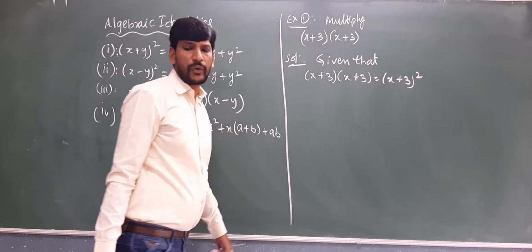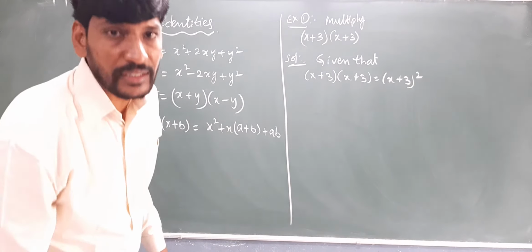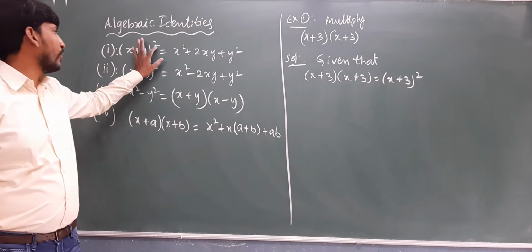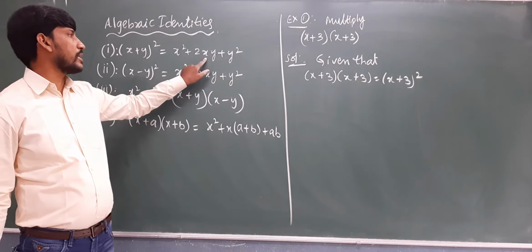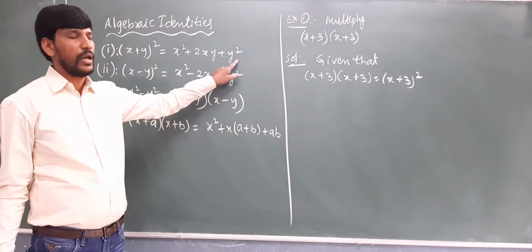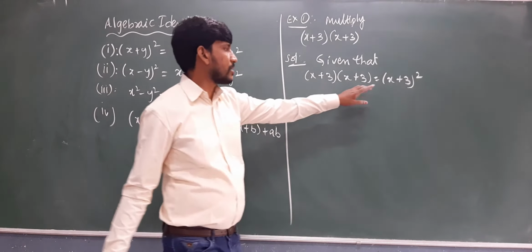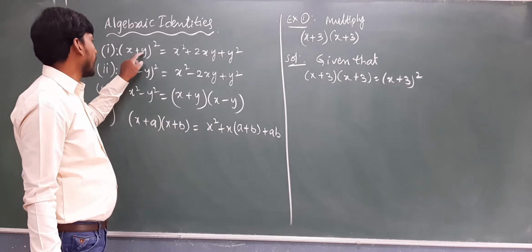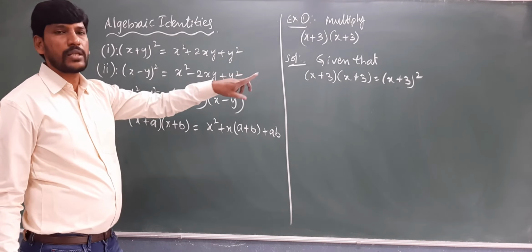Now which identity are we going to use here? The first identity, because the first identity is nothing but x plus y whole square is equal to x square plus 2xy plus y square. So here see this, x plus 3 whole square and x plus y whole square. The only difference is that in the place of y there is 3.